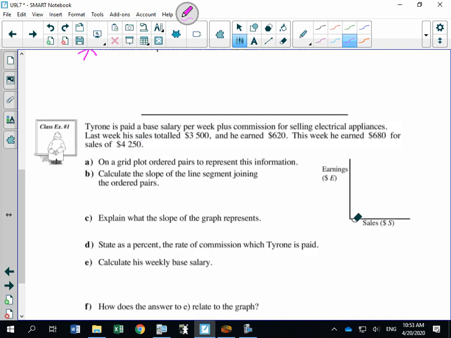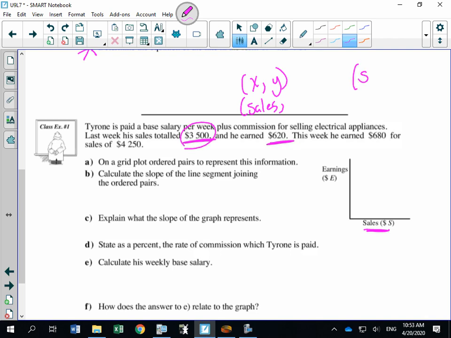Okay, and it wants sales on the x-axis and his earnings on the y-axis. So last week, he sold that much and he earned that much. So it's always x comma y, and they want our x-axis to be his sales. So this number is going to go on our x-axis, right?